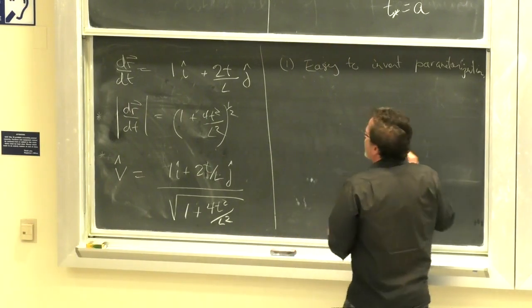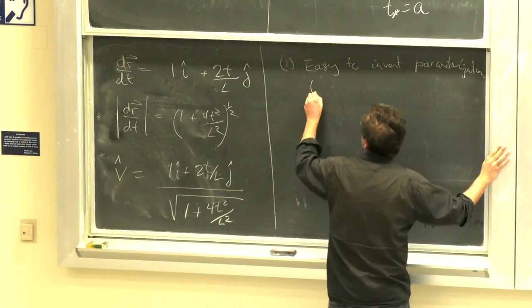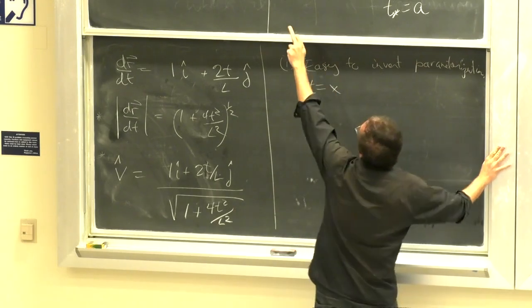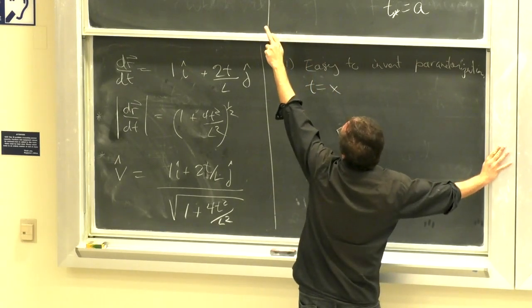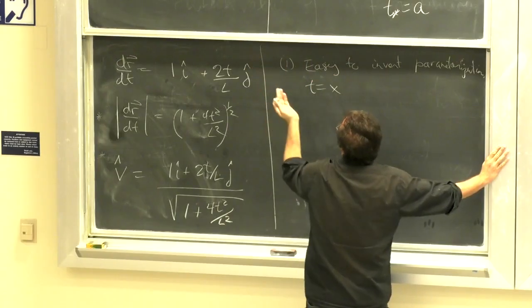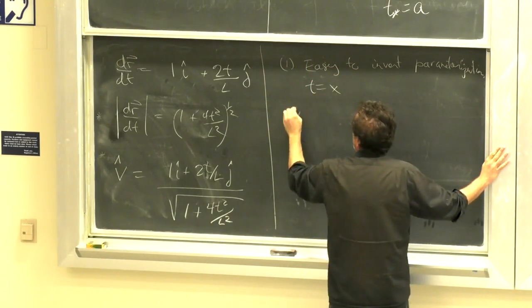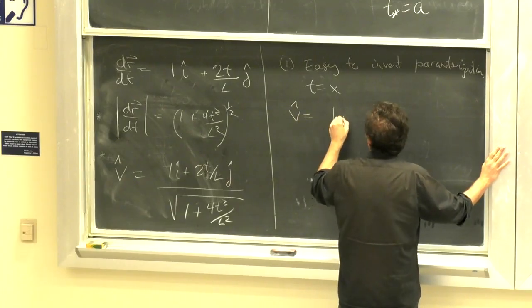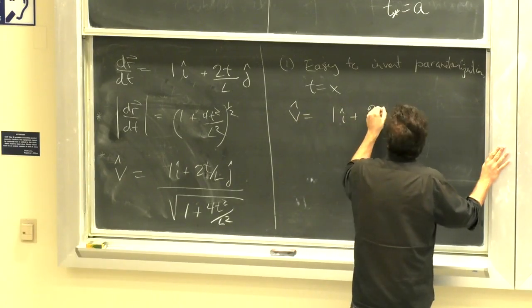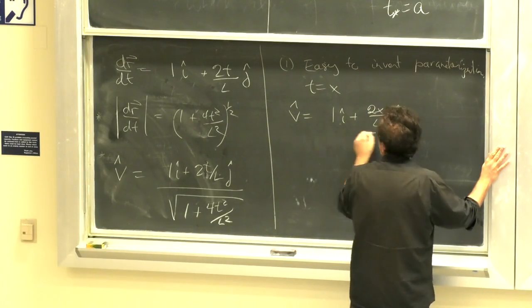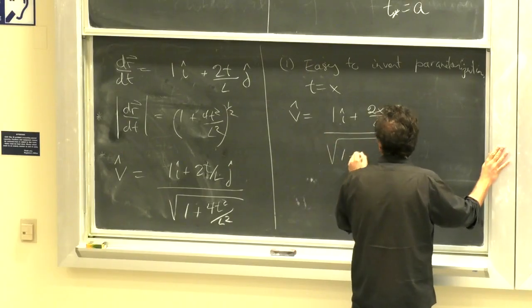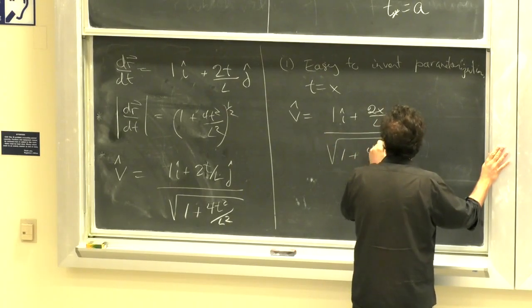Well, how about I write it instead by letting t equal x? I made x equal t up there, which defined the parameterization. But now let me remove t in favor of x. And so the direction vector is 1 i hat plus 2x over L j hat, divided by the square root of 1 plus 4x squared over L squared.